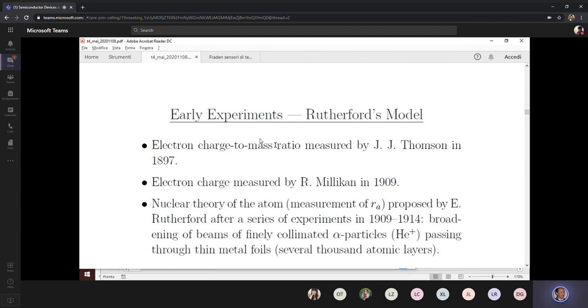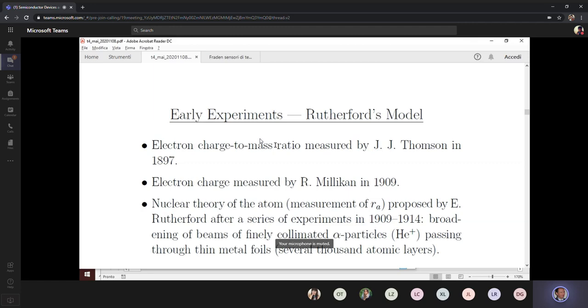They were able to measure, for instance, the charge to mass ratio of the electron. That quantity was measured in 1897.